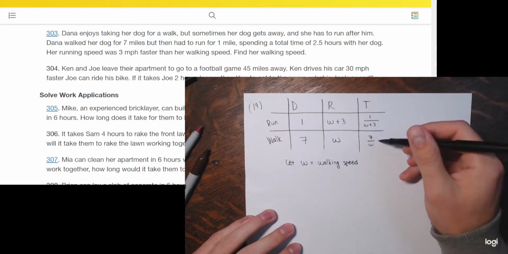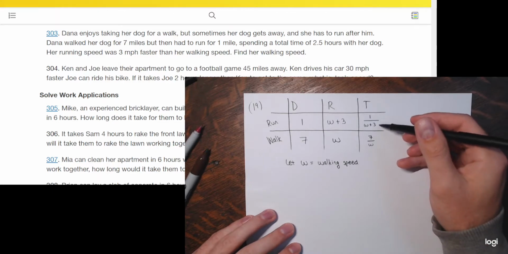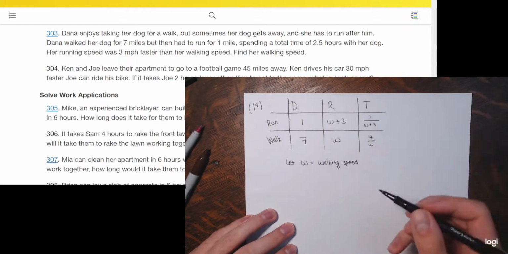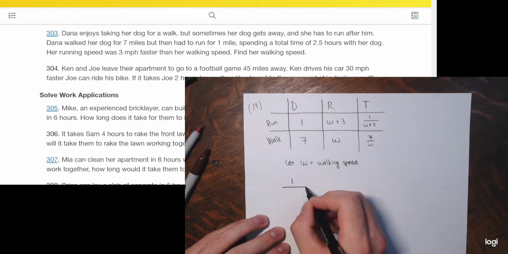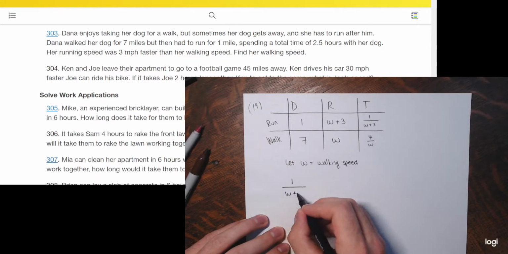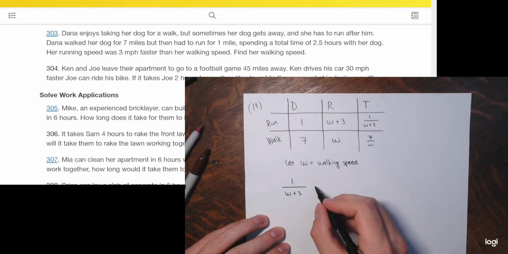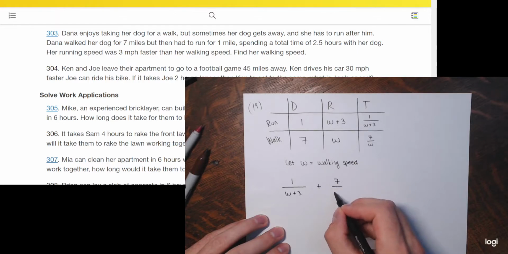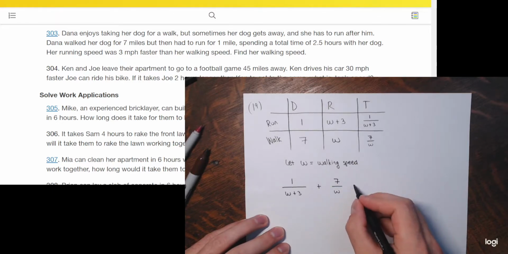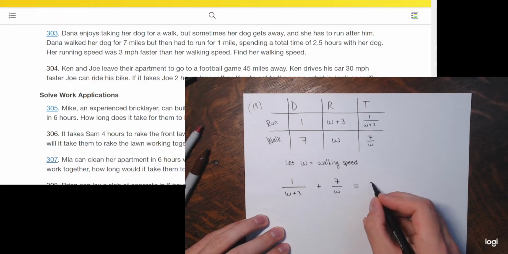So time running along with the time walking, the sum of these is 2.5. So we have the time running, 1 over W plus 3, plus the time walking, 7 over W, is equal to 2.5 hours.